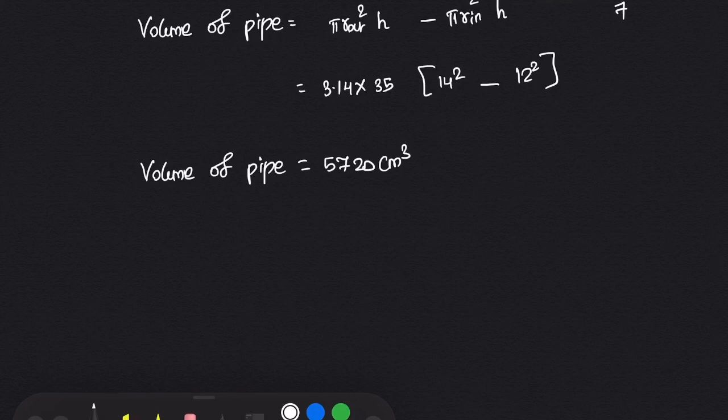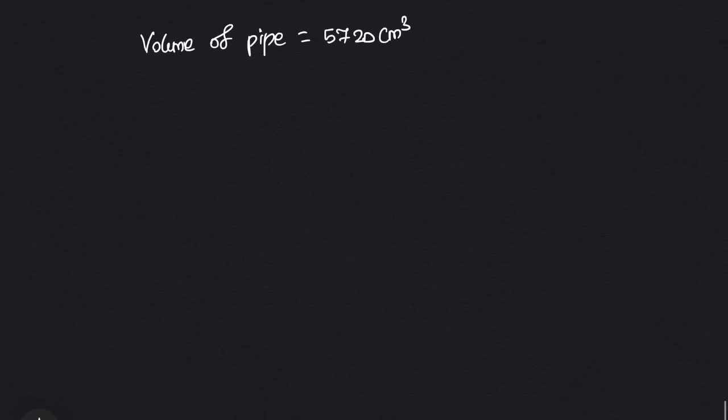Then we need to find the mass of this. The question gives that the mass of 1 centimeter cube is equal to 0.6 gram. So it's very simple.